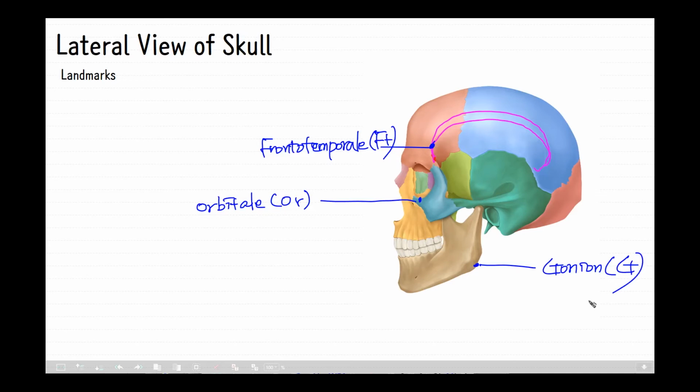The next one is the zygion. It's the most lateral point of the zygomatic arch, probably around here. But it cannot be detected in this figure.